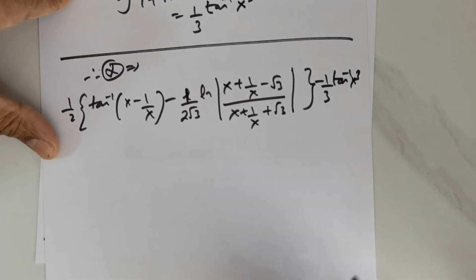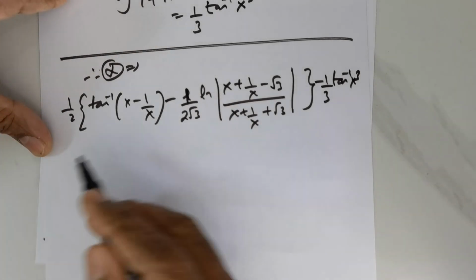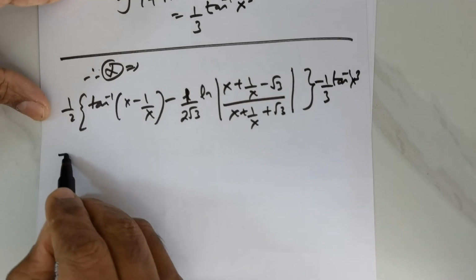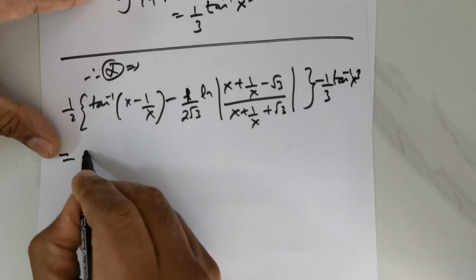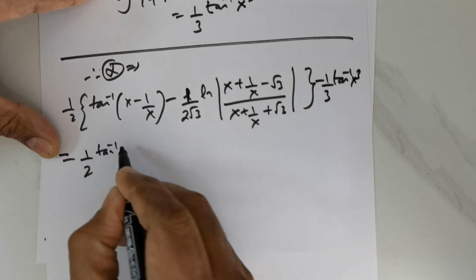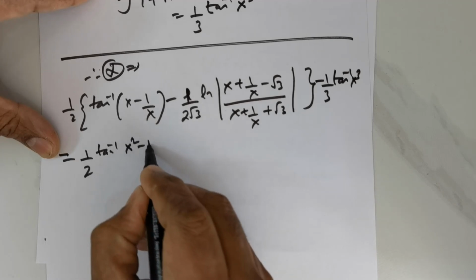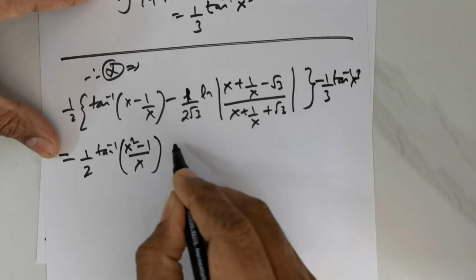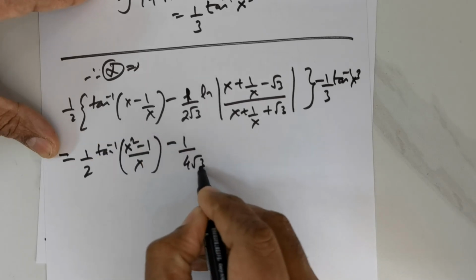Okay, now if you want, you can simplify this. You can bring this 1 over 2 inside and simplify. So I can rewrite this as 1 over 2 tan inverse of (x² − 1)/x, and then − 1 over 2 into 1 over 2 is going to be 4 times root of 3.